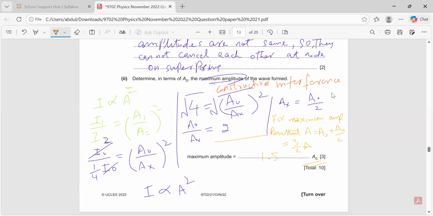Intensity is proportional to the square of amplitude, so the ratio of the intensities is equal to the ratio of the squares of the amplitudes. Then, simplifying, the unknown amplitude AX is equal to A naught by 2. For maximum, they should be added, and on addition, we are getting 1.5 A naught.